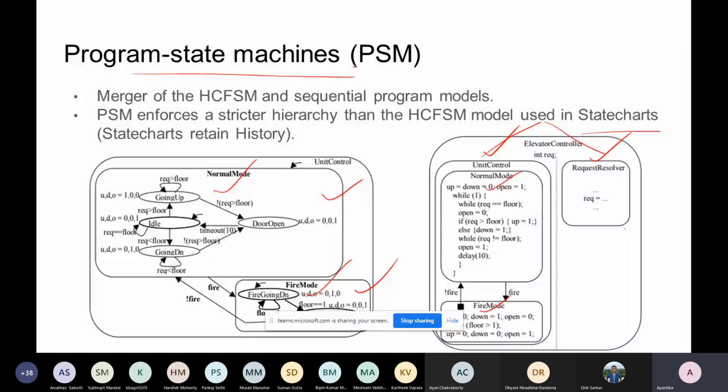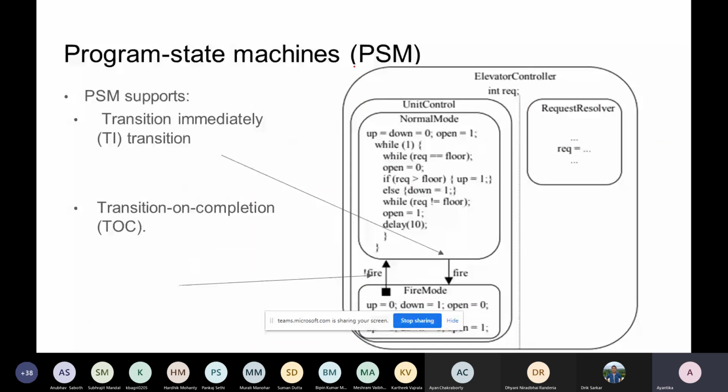So, program state machine. If you think deeper, there are two types of transitions possible. Those are requirements, modified step by step based on real life requirements. Now you think why these two types of transitions are required, in normal mode and in fire mode.